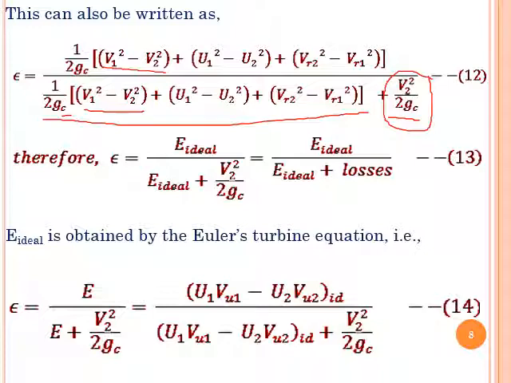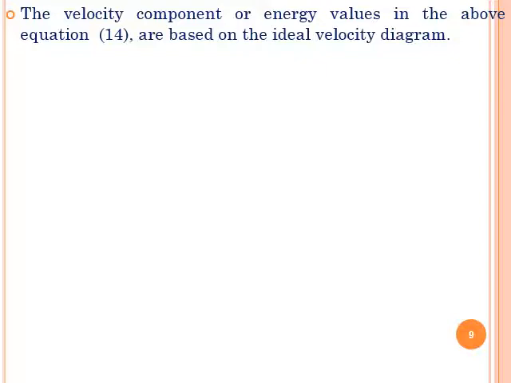Once again, instead of E, it is substituted according to Euler's turbine equation: U1 VU1 minus U2 VU2 plus the losses, given by V2 square by 2 Gc. That is expression number 14. The velocity components or energy values in the above equation 14 are based on the ideal velocity diagram.